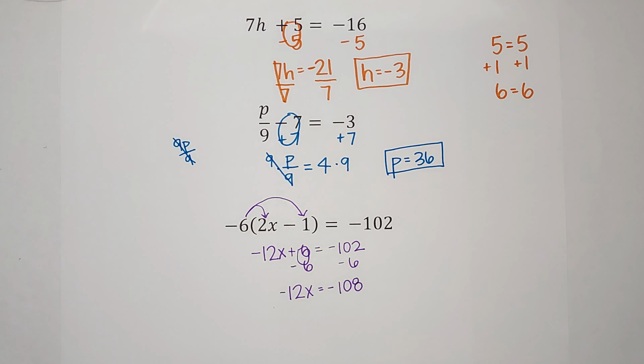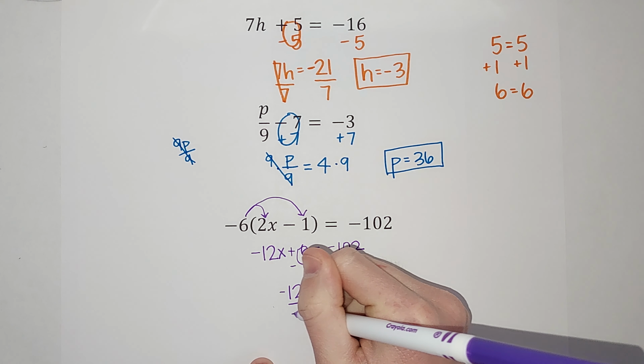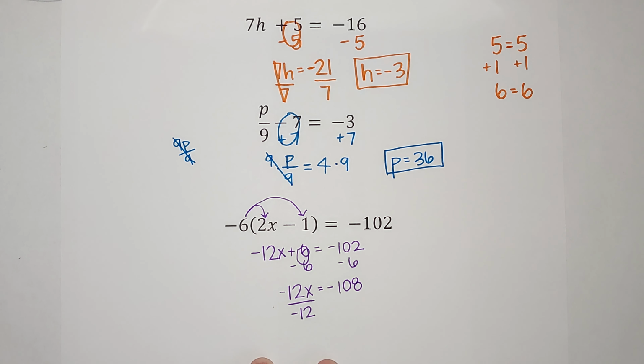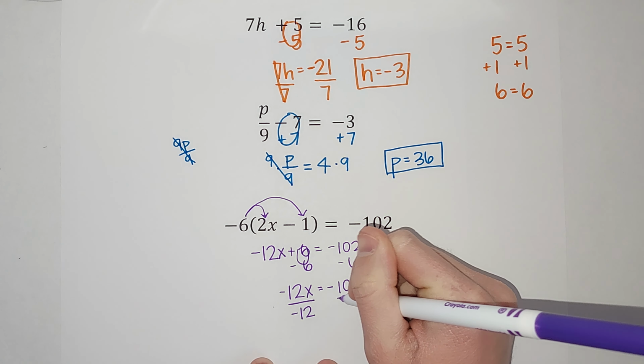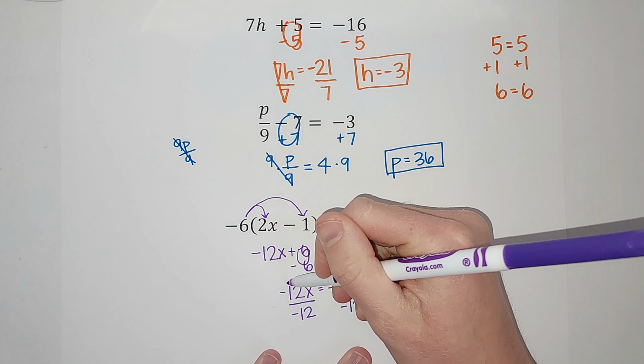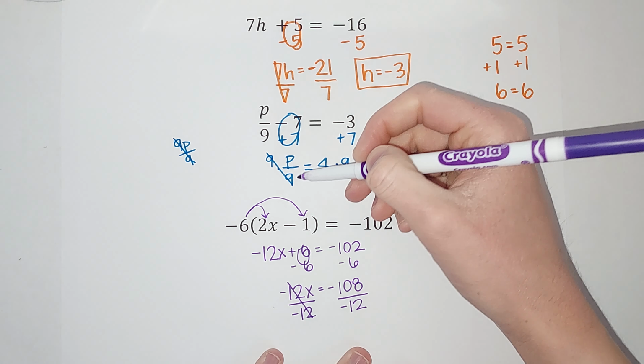These are being multiplied. So again, to undo that, I'm going to divide by negative 12 on that side. And I got to do it to the other side to keep my equation balanced. Okay. So these cancel just like these ones, right?